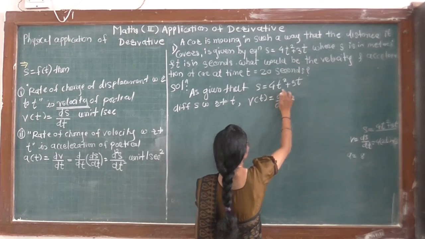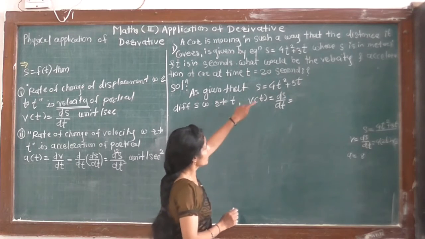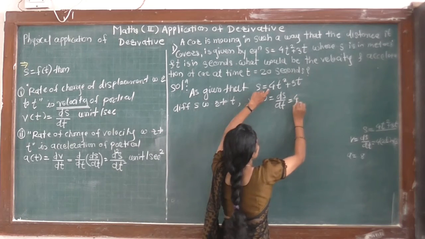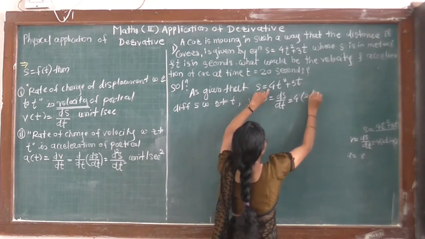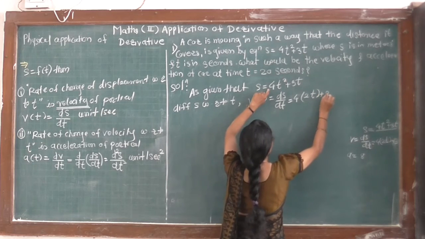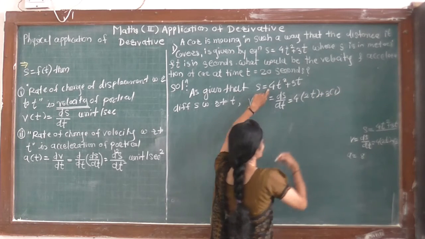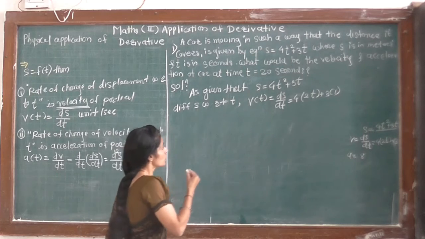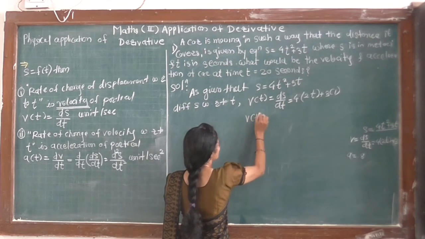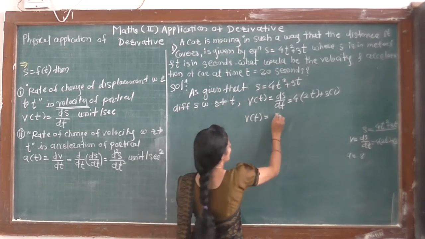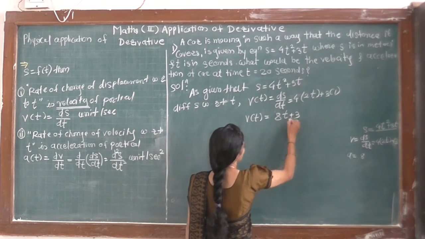After differentiation, 4 remains as it is, derivative of t square should be 2t, plus 3 as it is, and derivative of t is 1. So v of t we get 8t plus 3.